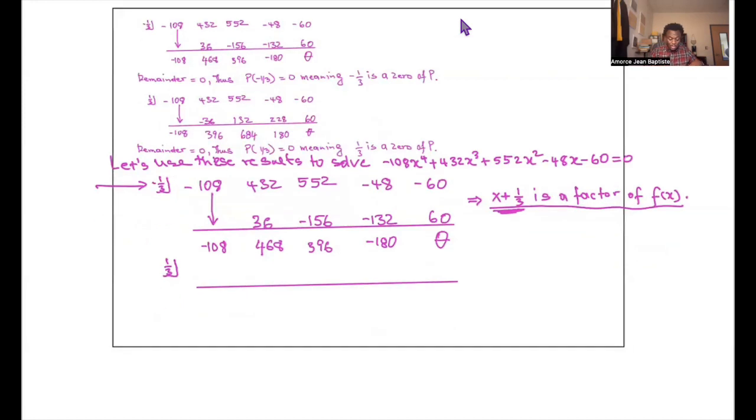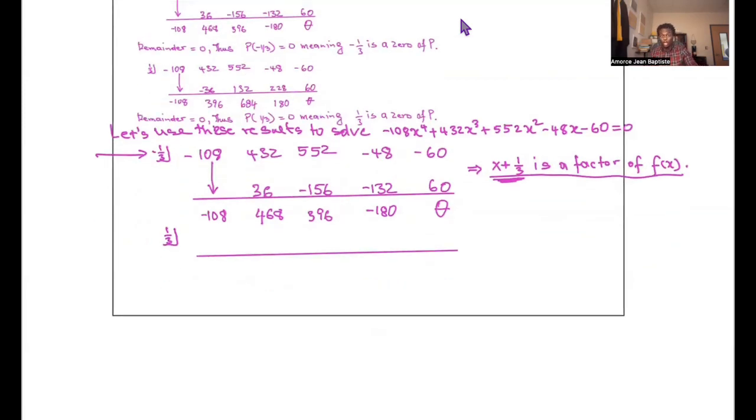So let's perform the division with the result of the division for negative 1/3. We're going to drop the negative 108 here, and then we will multiply by 1/3.